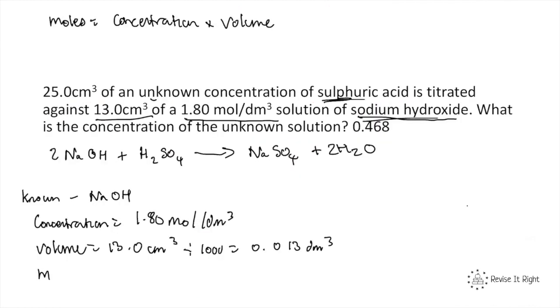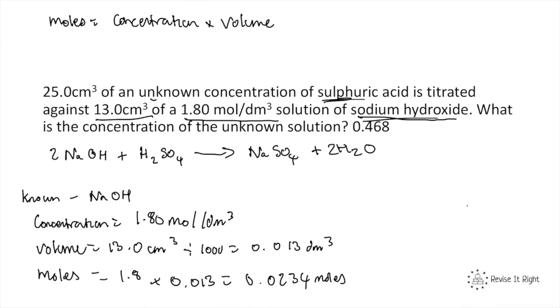So we can work out the moles because we have the concentration and the volume. All we have to do is multiply them. So to work out moles, we do concentration, which is 1.8, times volume, which is 0.013. And that is going to get us 0.0234 moles.